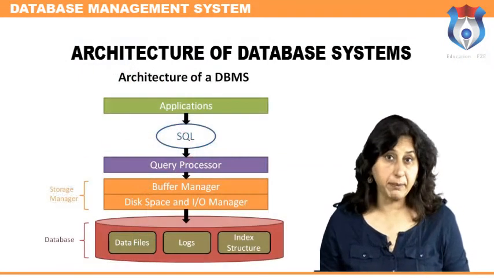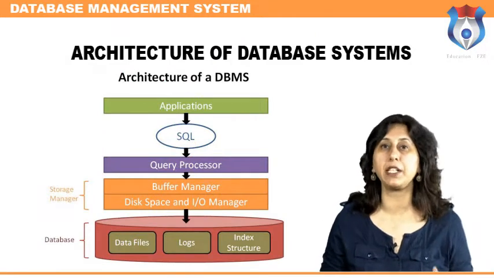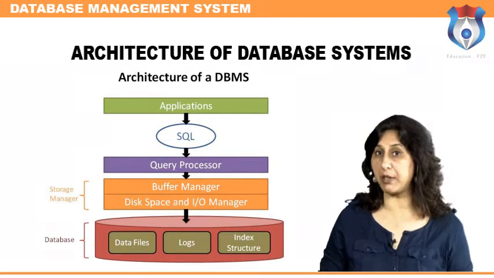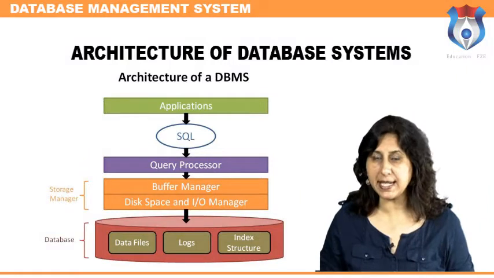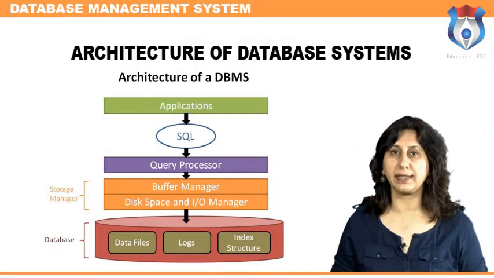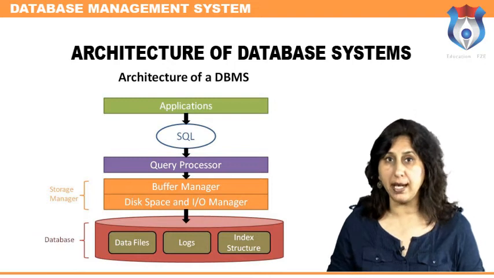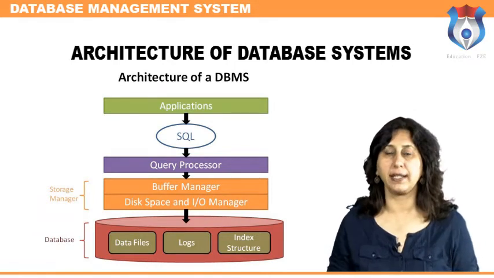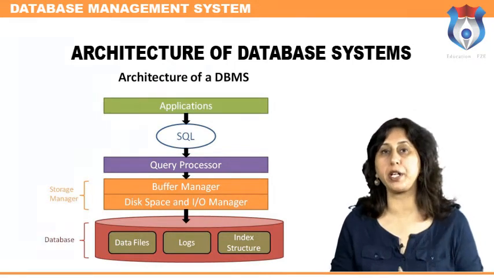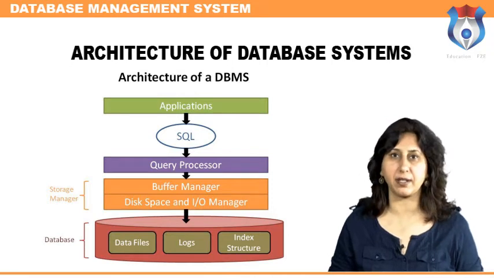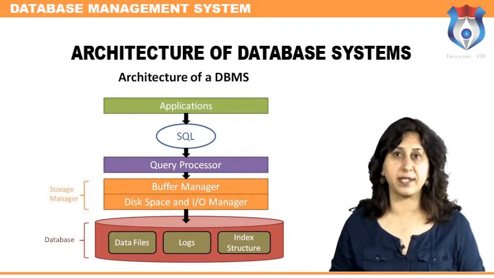A DBMS contains several main components. The memory manager. It obtains data from the database that satisfies queries compiled by the query processor and manages the structures that contain data according to the DDL directives. The query processor.